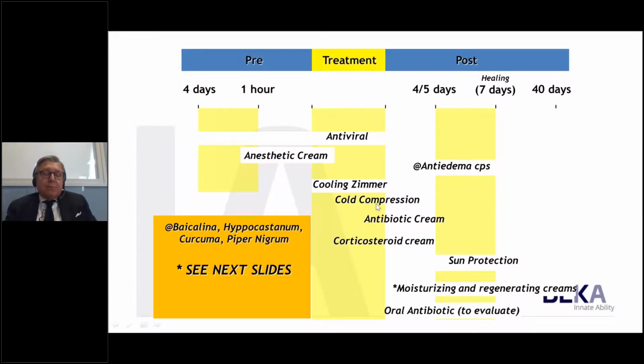And what is important to apply is saline gauzes immediately after the procedure, fractional or freehand. Then we use antibiotic cream in the first 4 or 5 days, and then it's very important to use any kind of moisturizers and regenerating cream. In the United States, they use Aquaphor.